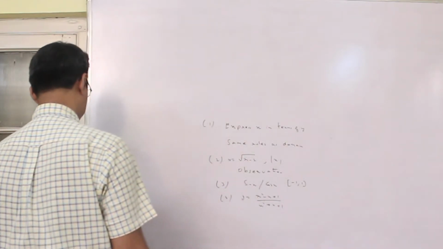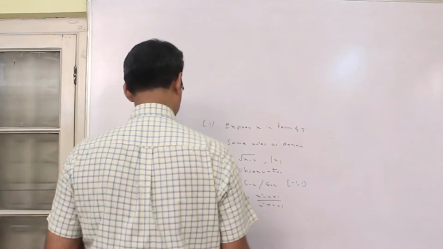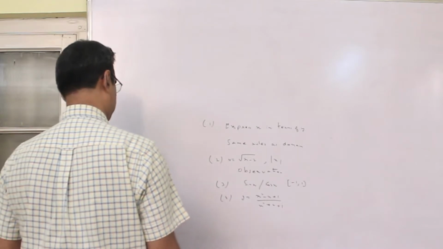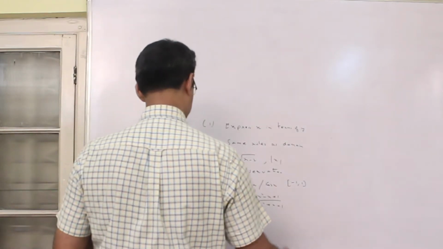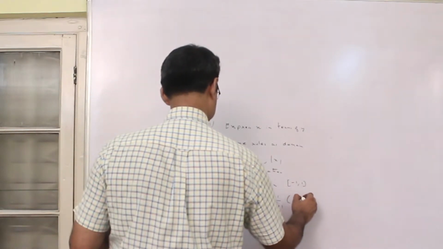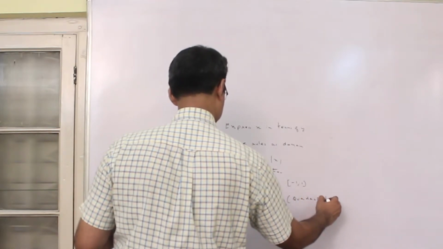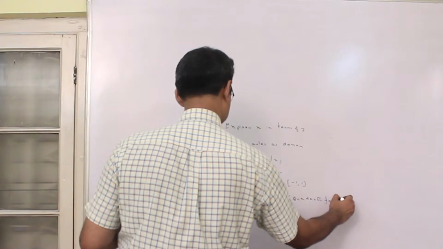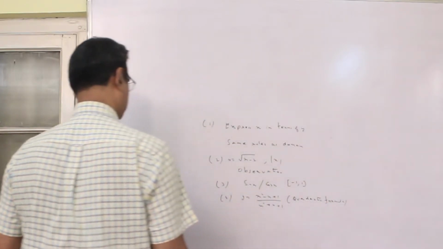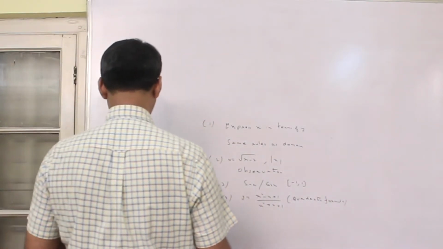If you have a function like (x square minus x plus 1) by (x square plus x plus 1), then you have to use the quadratic formula.